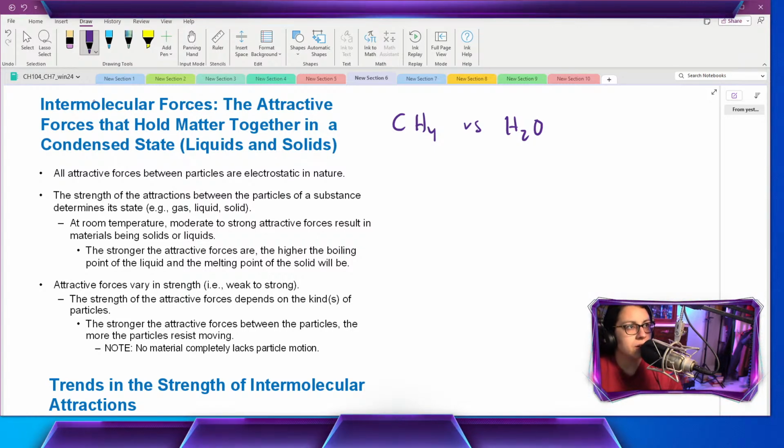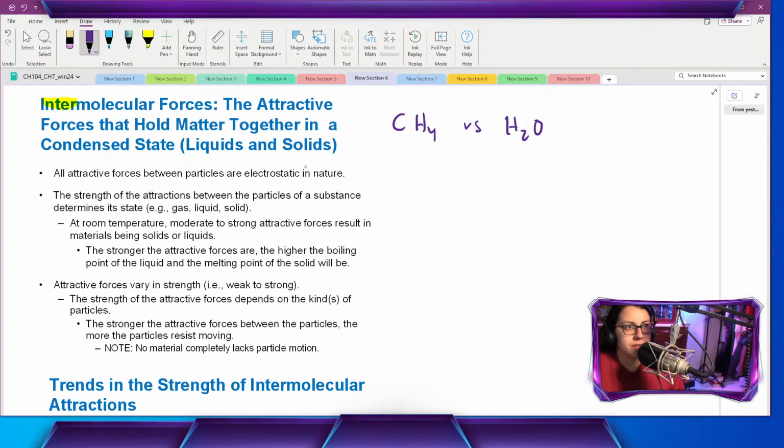So let's define what an intermolecular force is. Think of an interstate highway, which would be between the states. And so same thing with these intermolecular forces. So these are, again, between molecules.